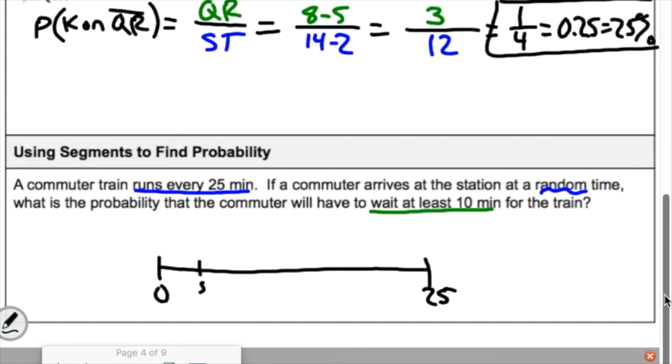So this is 5 minutes, this is 10 minutes, this is 15 minutes, this is 20 minutes, and so on and so forth. If I want to see what the probability is that I have to wait at least 10 minutes for the train, I have to figure out where that would be. If I show up here at time 15, this here would be a 10-minute wait.